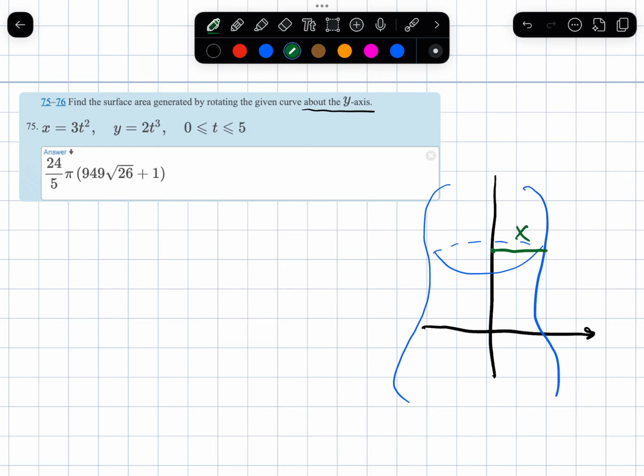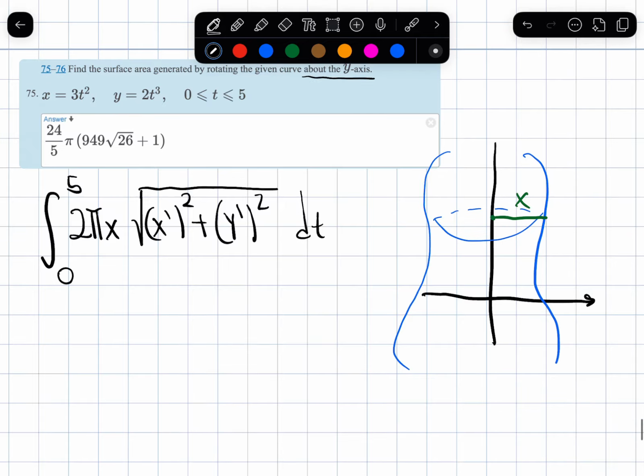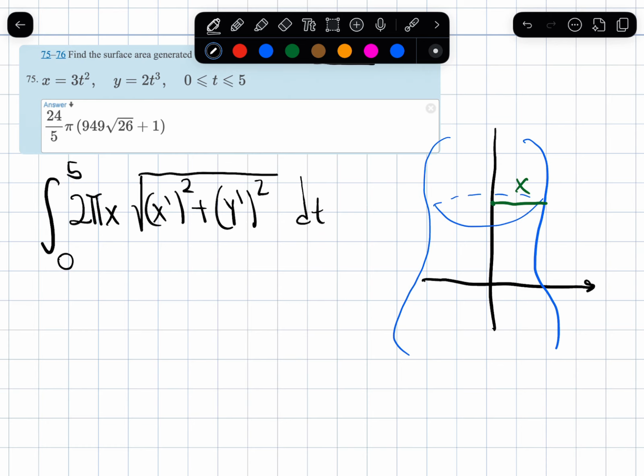The radius is x as you go around. So the formula changes to 2 pi x, but then still the same thing. Square root of x prime squared plus y prime squared dt, but now you're given the t limits of integration like before, so there's no big worry. You set it up.